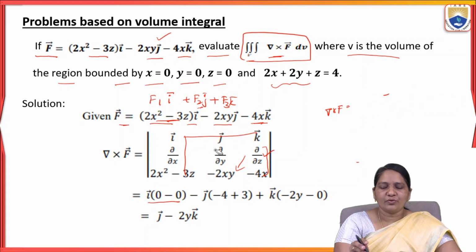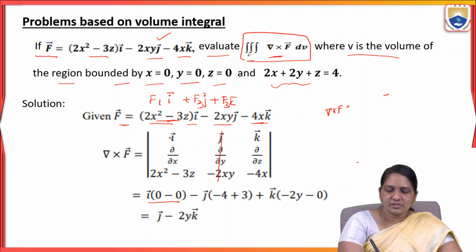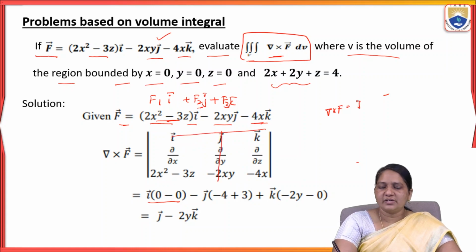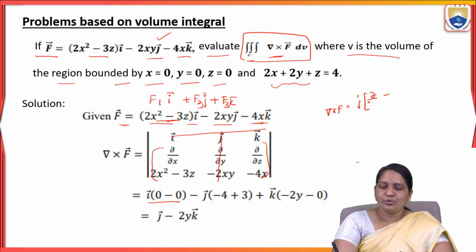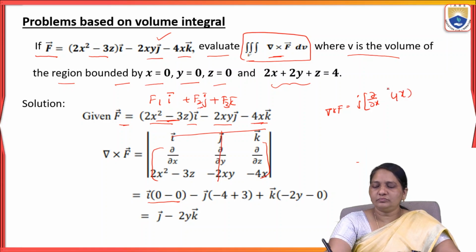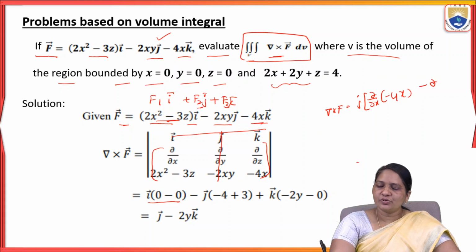Now we are going to calculate j. So j into, with the cross, dou by dou x of minus 4x minus dou by dou z of 2x square minus 3z.